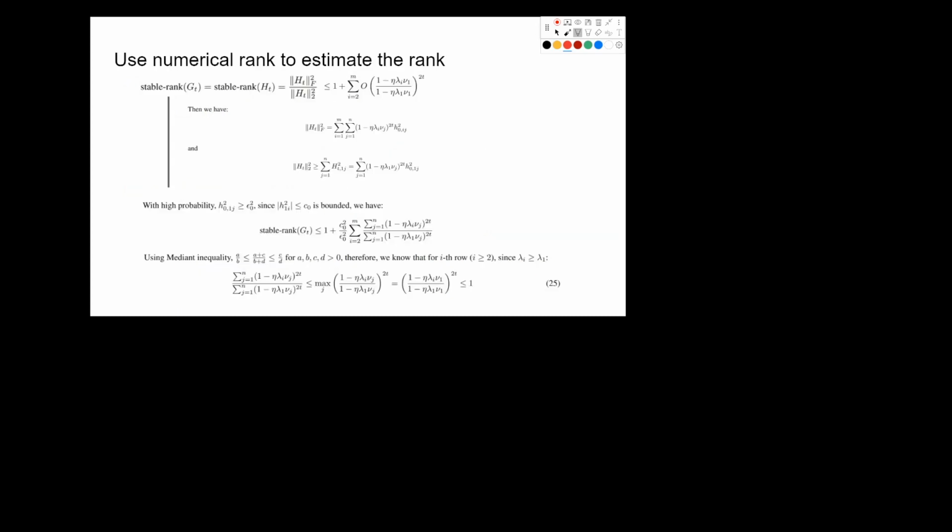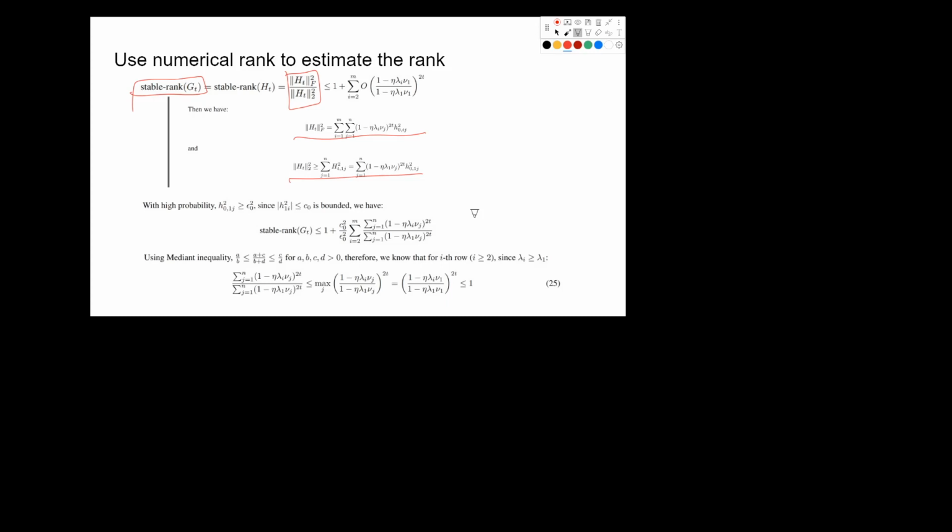And this is the other way to estimate the rank of the matrix, by using a stable rank. The definition of a stable rank is this one. Okay, and by definition we have the norm of the H_t could be written in this formula.